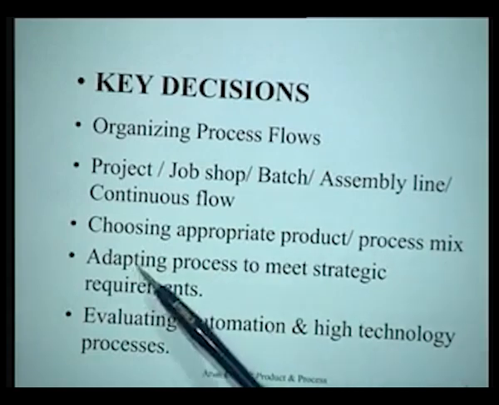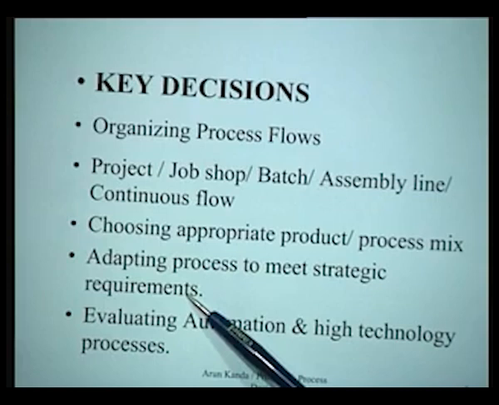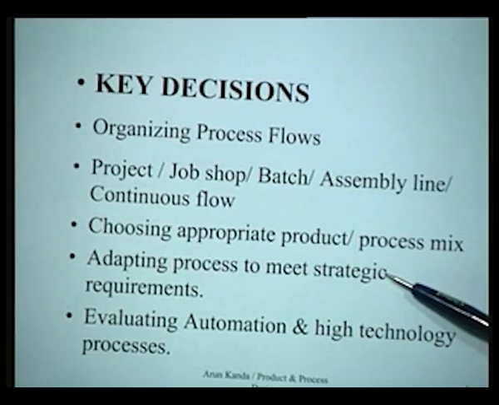And then you have to talk about adapting the process to meet strategic requirements. What do we mean by this? Strategic requirements could be there. What kind of strategic requirements are we talking about when we are talking about adjustment of process flows to meet strategic requirements? You see, product design and redesign could be a strategic requirement, right?